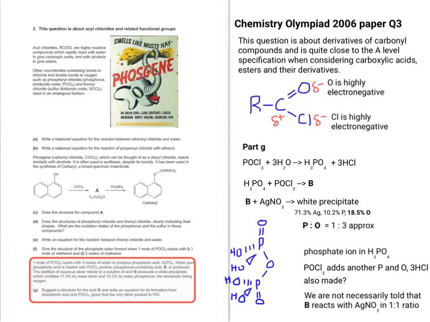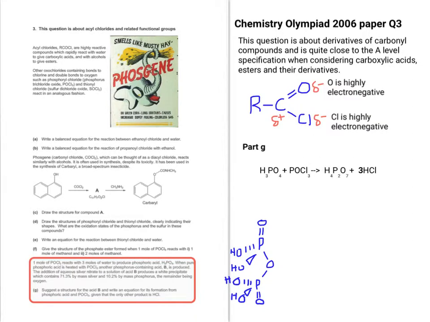Then they want an equation for its formation from phosphoric acid and POCl3, and then telling you that the only other product is HCl. So they have now told us that HCl is made. So starting with our reactants and products, we need to think about how many HCl's we produce. So starting with the number of chlorines we've got, we definitely have 3 HCl's.